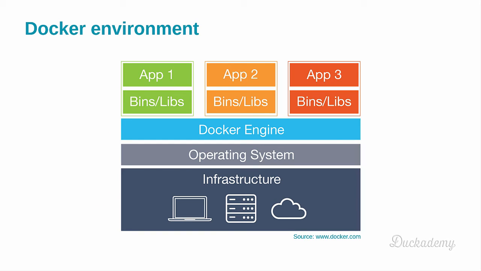Okay? And as an application container, just like a Docker container, is very lightweight, you can run more applications on one operating system, on one server, than with operating system containers or with traditional virtualization. With traditional virtualization, it depends on your hardware, but sometimes you can run 10, 20 virtual machines on one server.